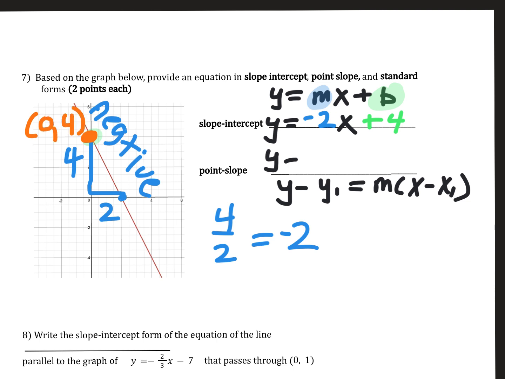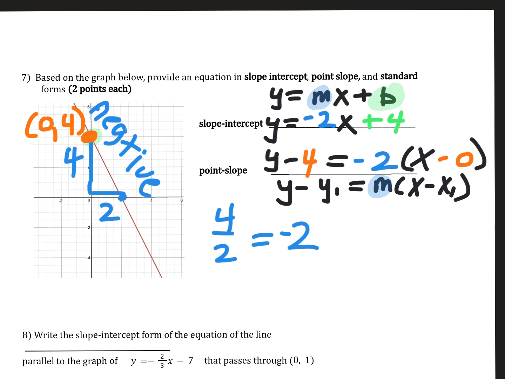So that means I'm going to do y minus 4, because that is the y coordinate. The slope, we already know, is going to be -2. And then instead of x minus x1, I'm going to do x minus 0 for my x coordinate, because that is the x coordinate for that point.